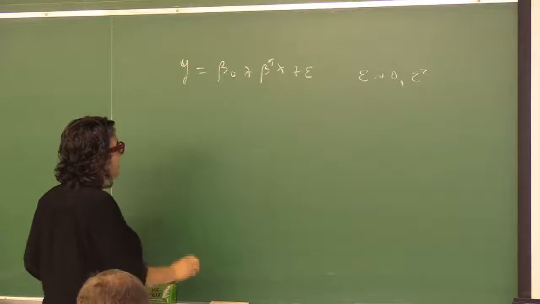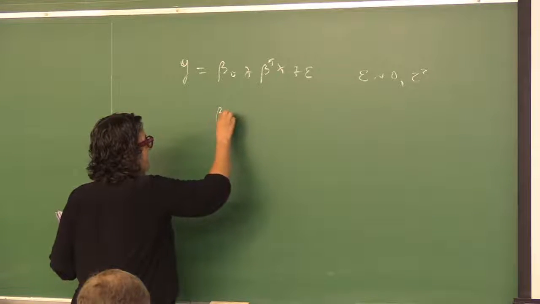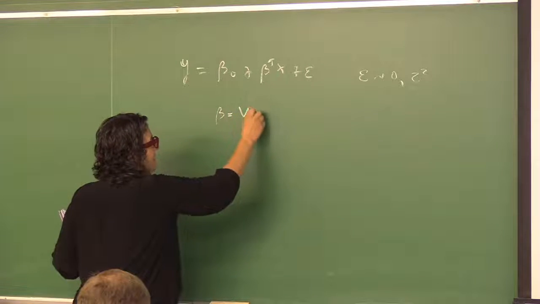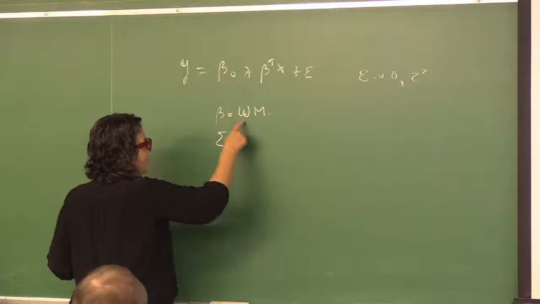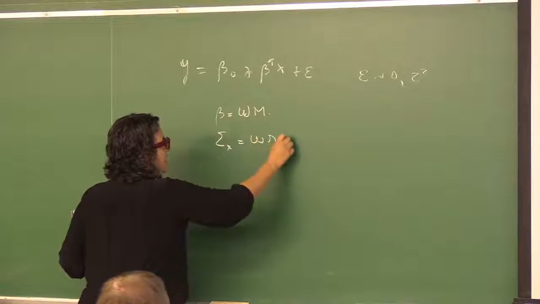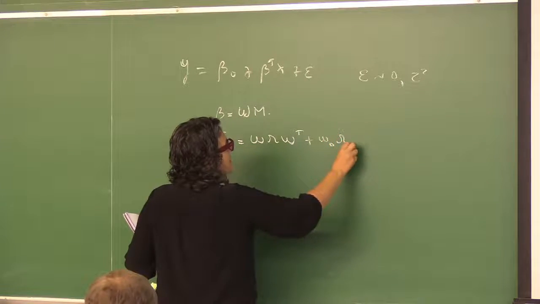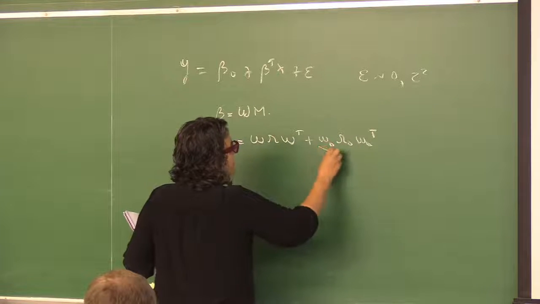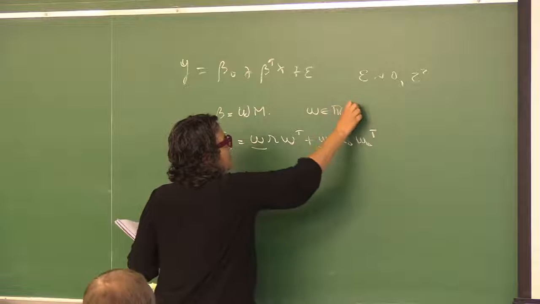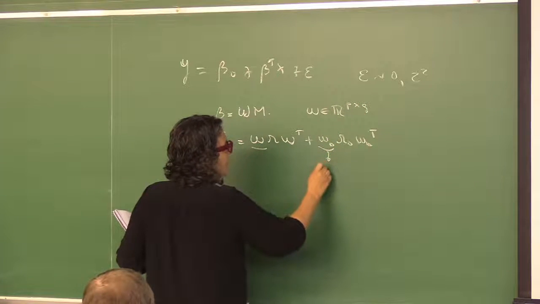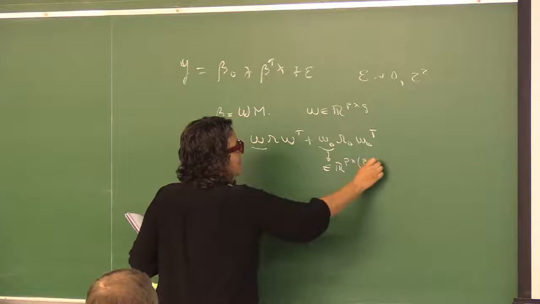And we are assuming that it follows the envelope model, meaning that beta is equal to W times M, where W is a reducing subspace of the covariance of X. This W is in P by Q. This is the orthogonal complement that is in P by P minus Q.